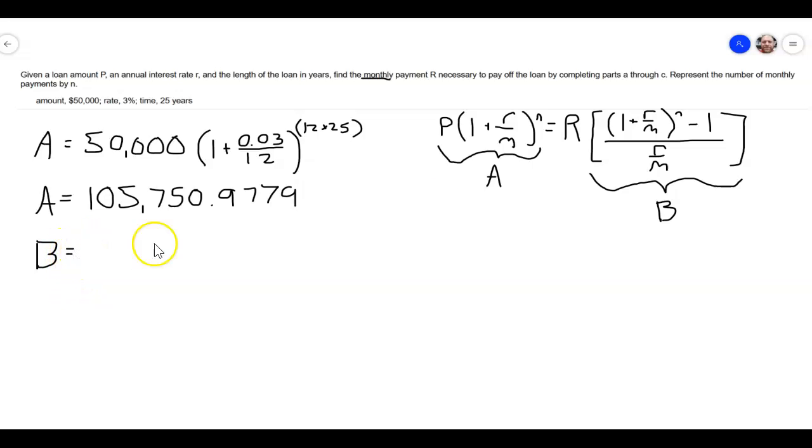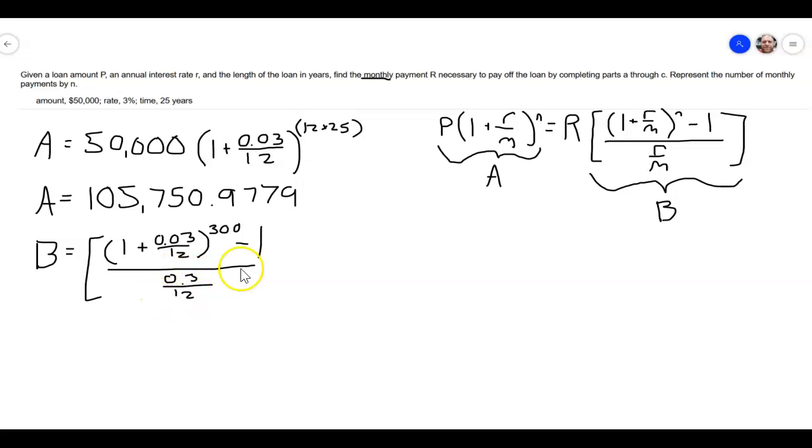So that's going to be 1 plus R over M, so 0.03 over 12, raised to the 300. 10 times 25 is 250, 2 times 25 is 50, so that should be 300, minus 1, all over 0.03 over 12.